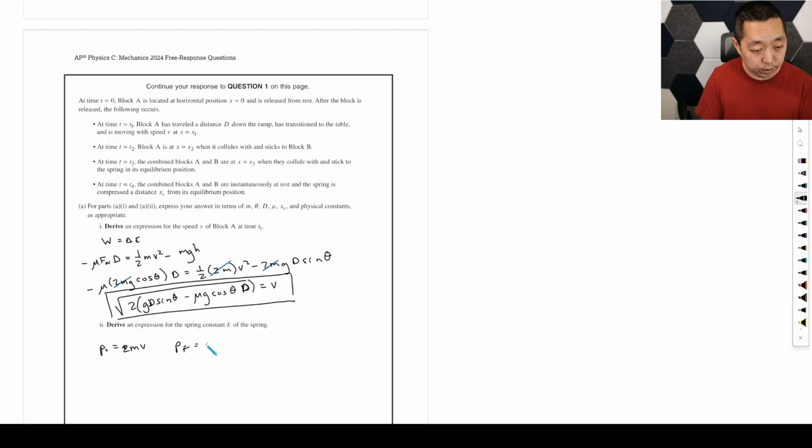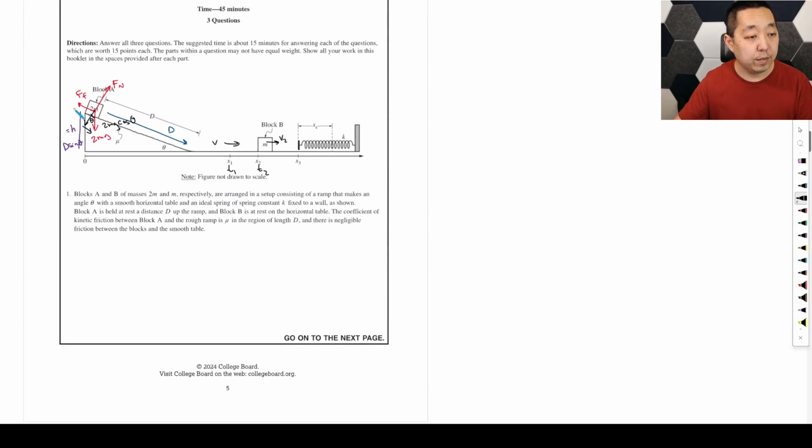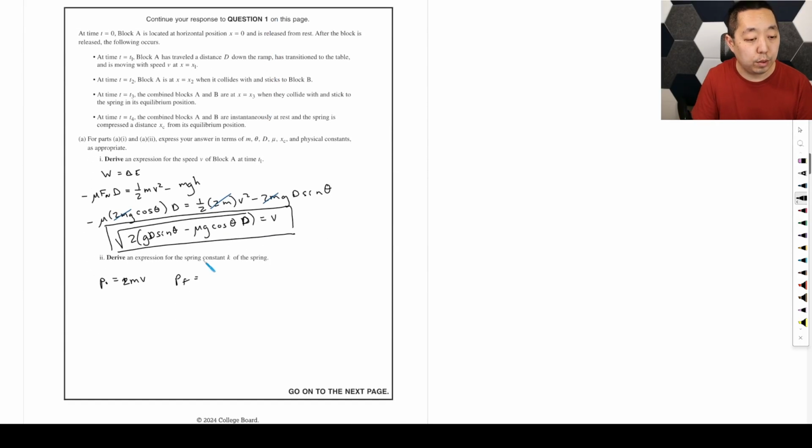The final momentum, because they have a combined mass of 3m, is going to be 3m times v2. You set those equal to each other by conservation of momentum because there are no external horizontal forces. So the m's cancel, and you get v2 is equal to 2/3 v, where this is v, and we'll just plug that in later.